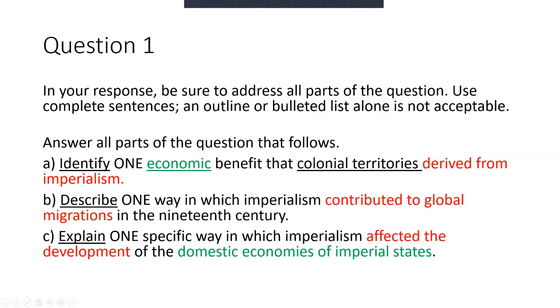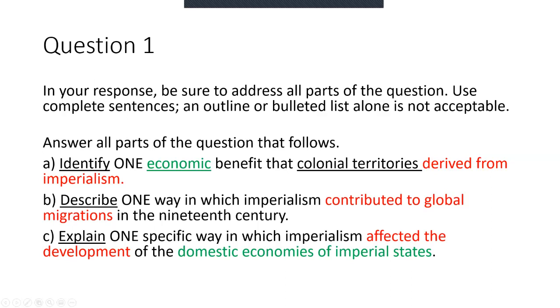I'll just jump to these two as well, and you'll see these are all cause and effect, right? How imperialism contributed to global migrations, in other words, how did imperialism lead to people moving across the globe? We'll get into where people went wrong with that one in a second. And then this one is explain, again, a how and a why issue.